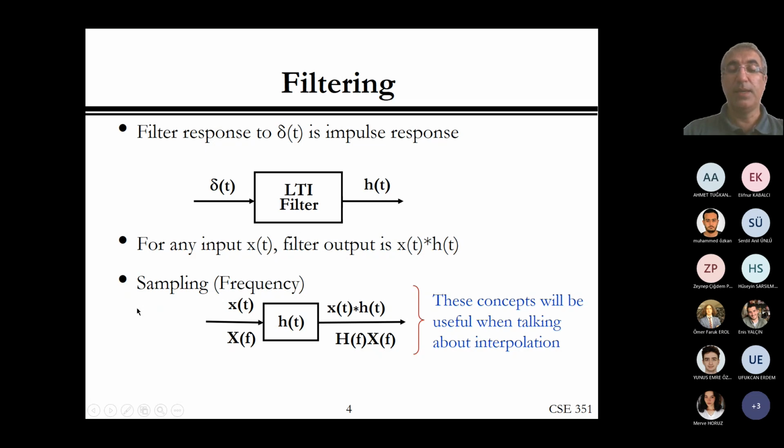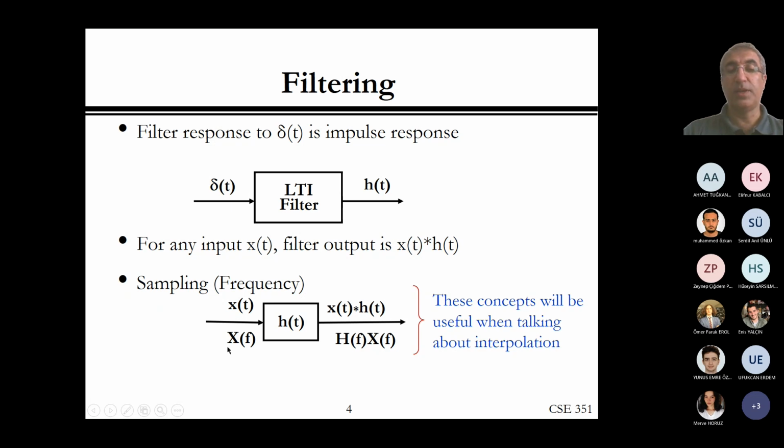And sampling, because our topic is sampling, we are trying to give you some background in order to explain the sampling theorem. So in time domain, we have x of t, h of t, and the output is the convolution of the input with the impulse response.